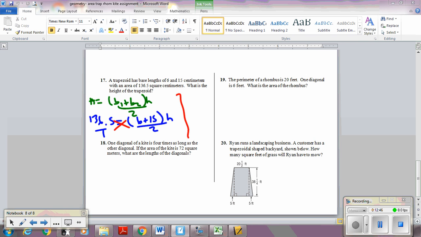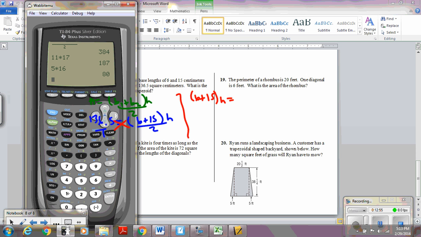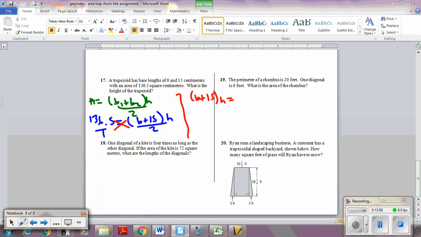When you do that, you will have 6 plus 15h equals 136.5 times 2, which is 273. Combine 6 and 15, you get 21. So 21h equals 273.